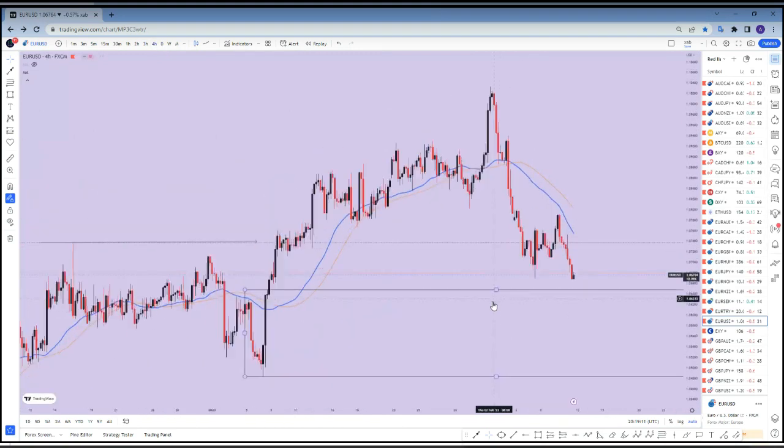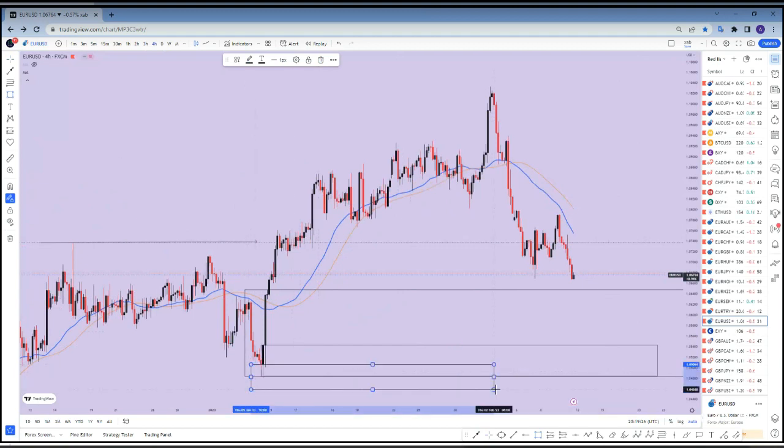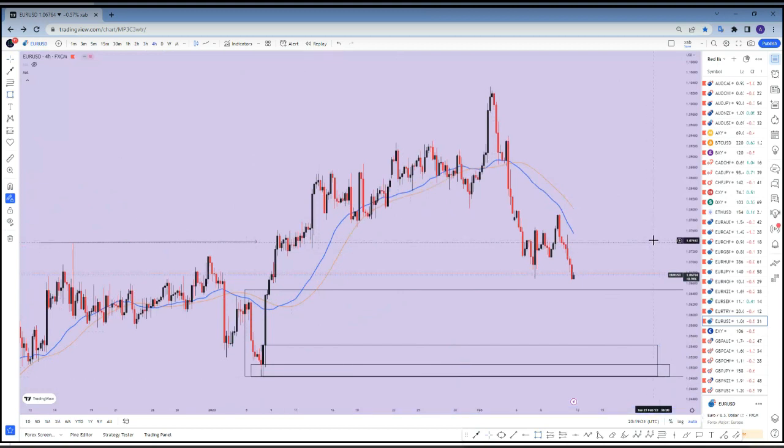All right, so this is the 4 hour time frame. Looking at this on the 4 hour now, this looks so much like the area to focus on, our area of interest, based on two different levels of refinement.